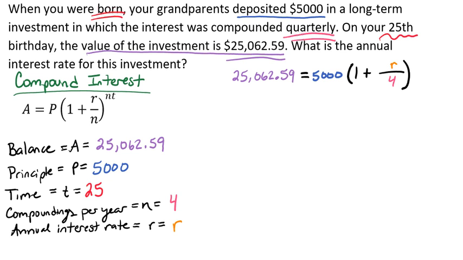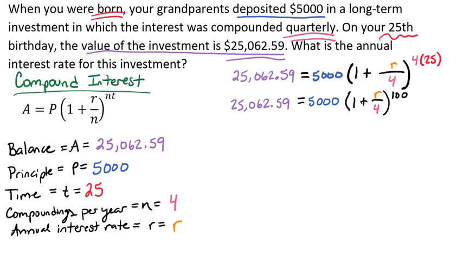So again, our N was 4, and our T was 25, so we're going to multiply that by 25. Well, we know that 4 times 25 is 100, so we can go ahead and rewrite our exponent as 100.